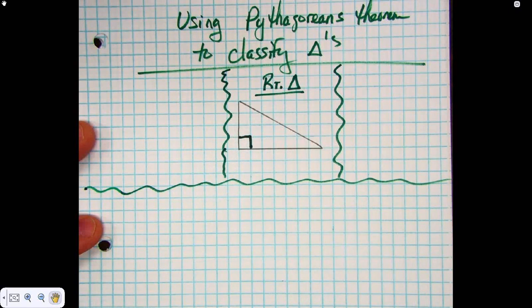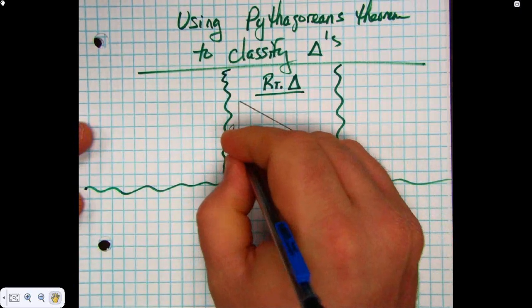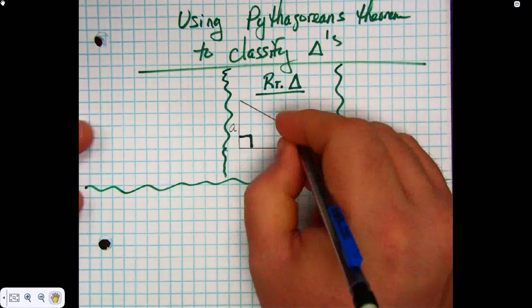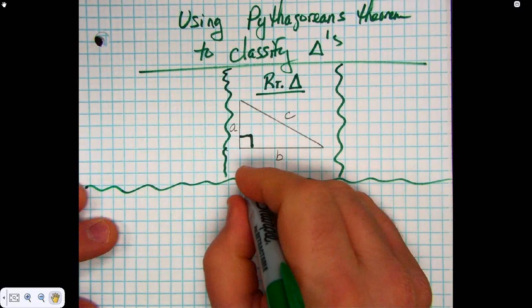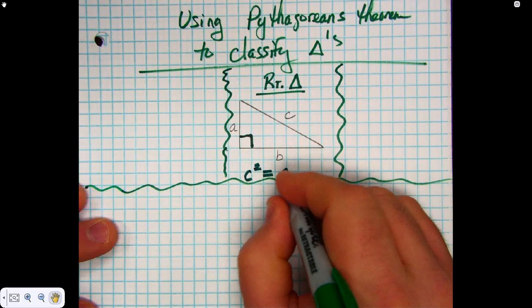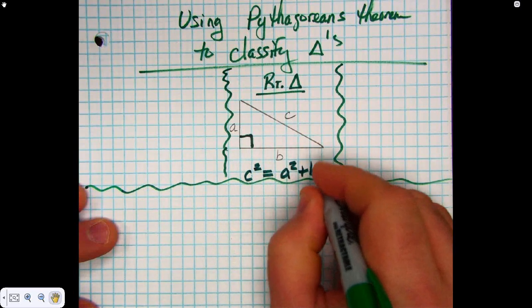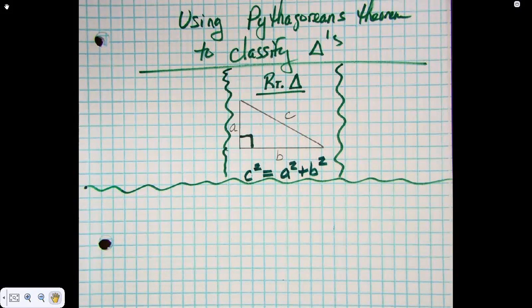We only just now got talking about it, but can you guys tell me something about that? C squared is equal to what? If it is a right triangle. It's called using Pythagorean's theorem to classify triangles.